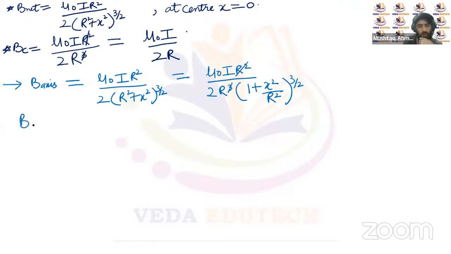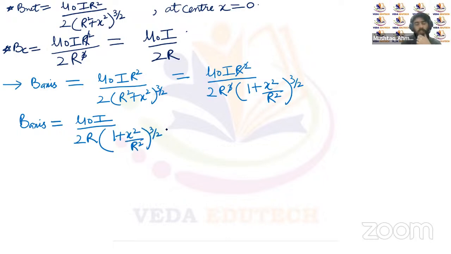It means we can write B axis as mu naught I upon 2 times r, times 1 plus x square upon r square raised to power 3 by 2. And we know that mu naught I upon 2r is equal to the magnetic field at center.